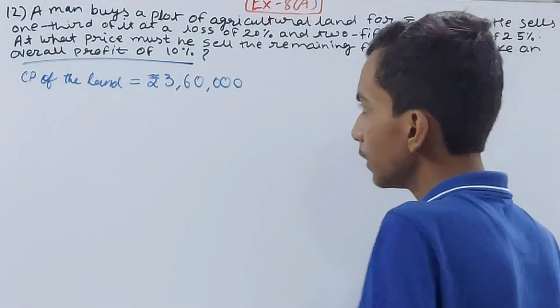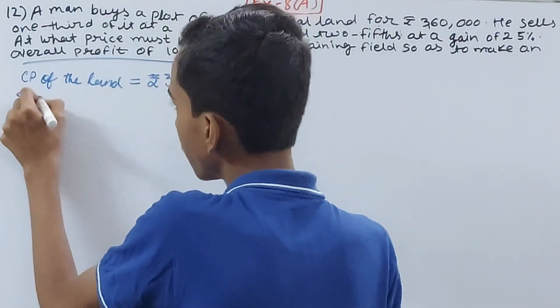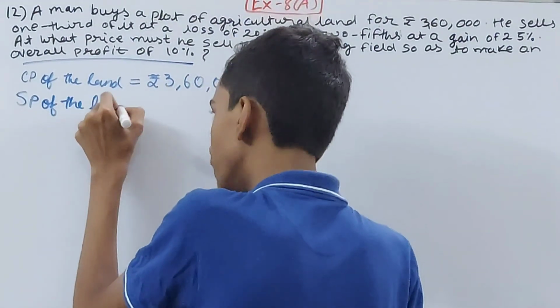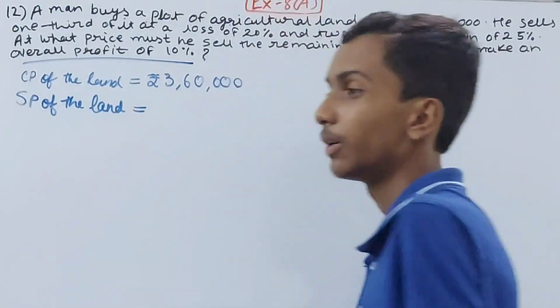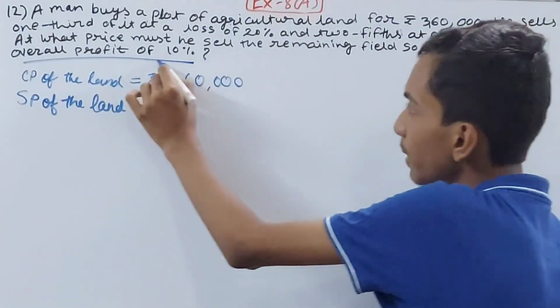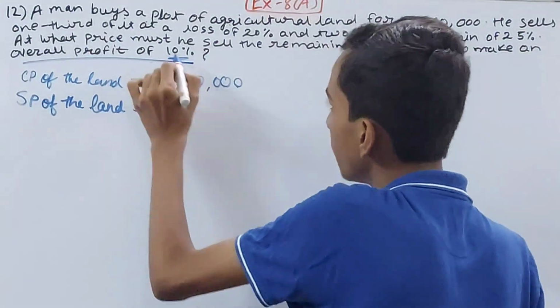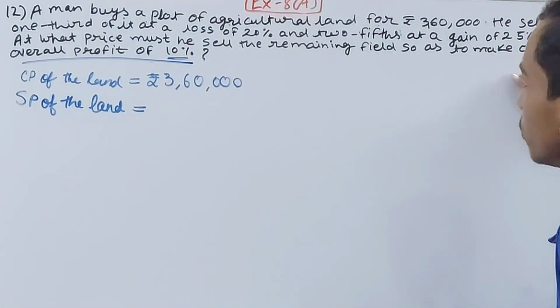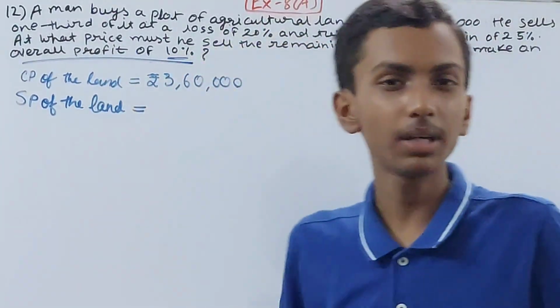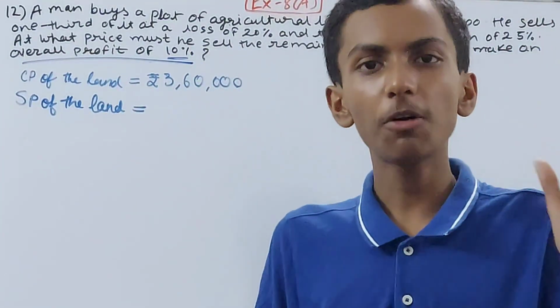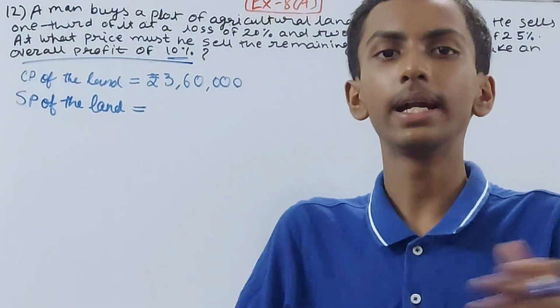So first of all, you will calculate the selling price of the whole land, of the whole land combined together, all the three parts, right? So it says he has to make an overall profit of 10%. So when he will sell it, he has to make the profit of 10% on the whole land.